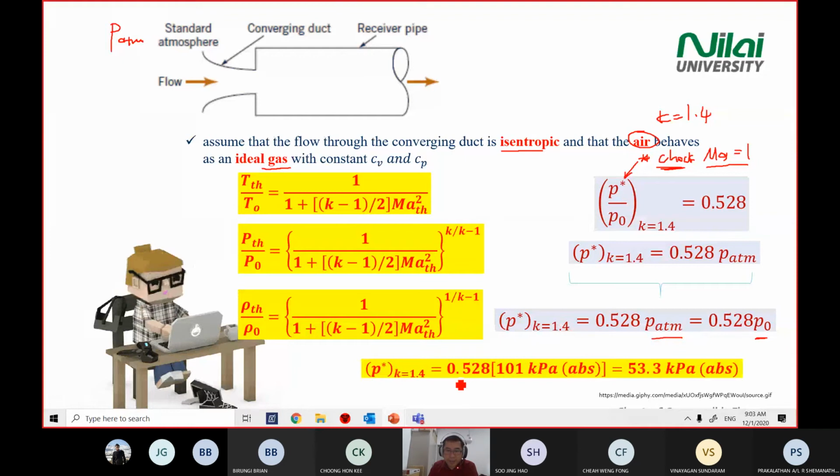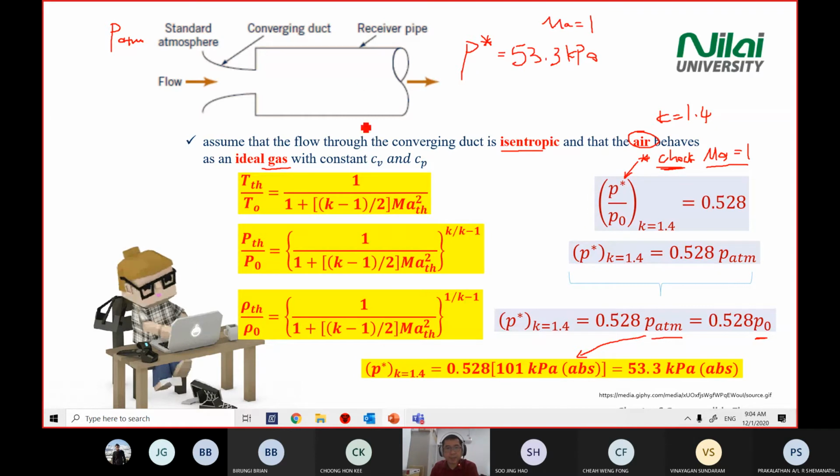and you continue with the calculation because the atmospheric pressure was given as 101 kilopascal, absolute pressure. So you multiply 0.5 times 101. For example, in this example, you're given the atmospheric pressure equal to 101. So you know that from this calculation, your P star, or your choke point, happens at 53 kilopascal, Mach number 1.